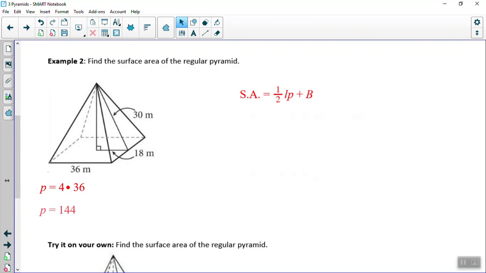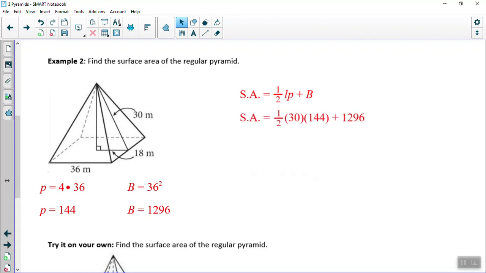So the perimeter of the base is 144 meters. All right, then we're going to find the area of the base. So now what is the actual area of that square? So that's going to be 36 squared. So the area of my base is going to be 1,296 meters squared. So now we can take those two values and substitute them in here.